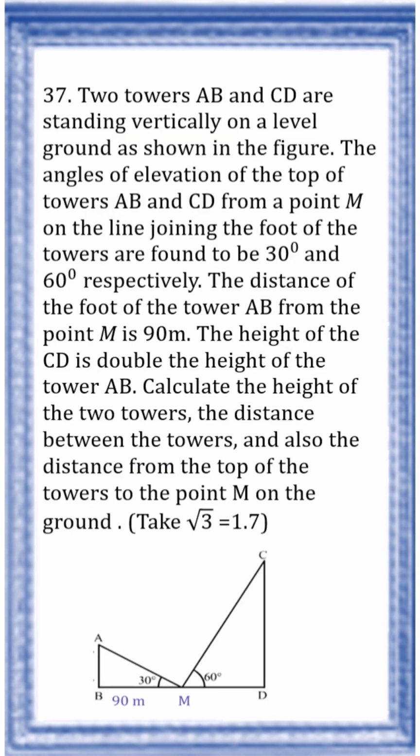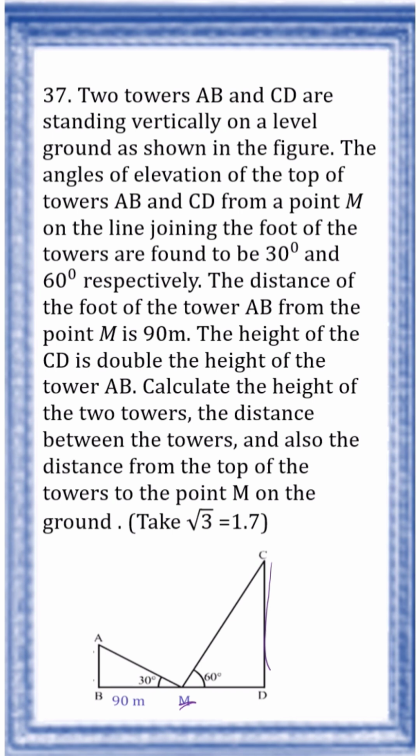Now the 37th question. Two towers AB and CD are standing vertically on a level ground as shown in the figure. This is AB, this is CD, figure is given. The angles of elevation of the top of the towers AB and CD from a point M on the line joining the foot of the towers are found to be 30 degree and 60 degree respectively.